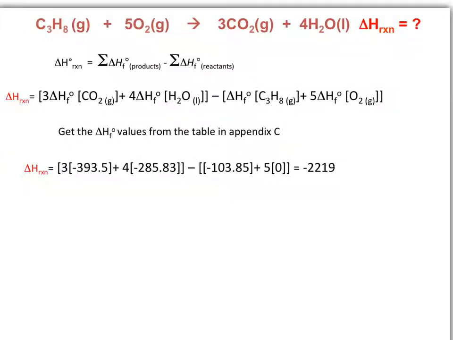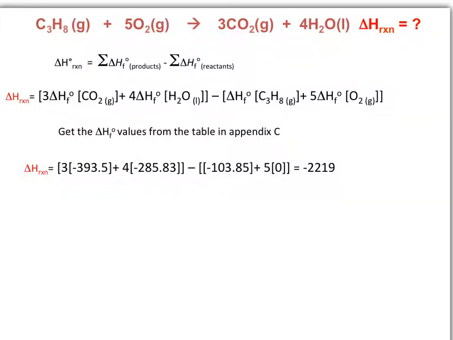Now this brings us to our second approach to solving delta H of reaction problems using enthalpy of formation values. Utilizing this equation, our delta H of reaction is going to equal the sum of our delta H of formation of our products minus the sum of our delta H of formation for our reactants. We're going to do this for this overall equation. So, guys, it's going to be products minus reactants.